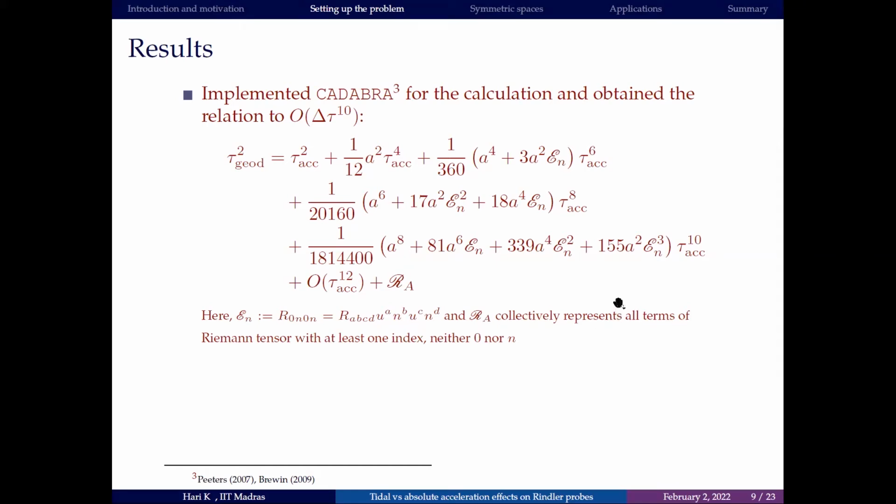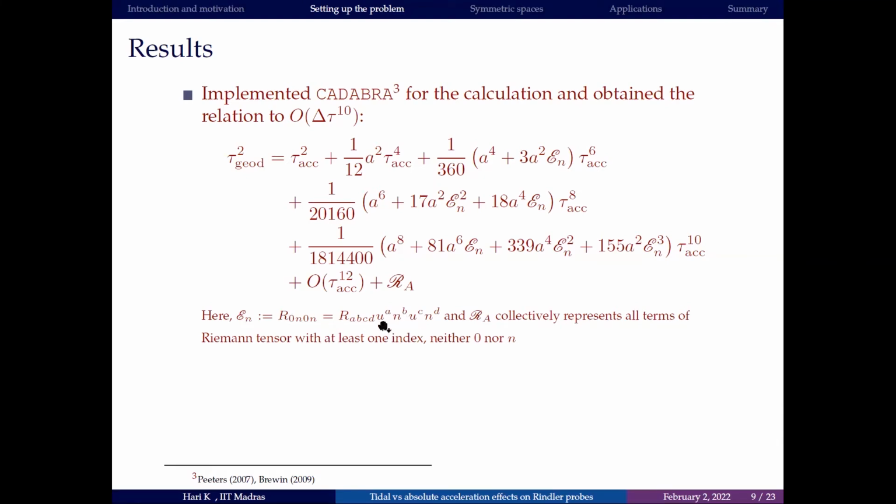Using that implementation, we have obtained an equation for a relation between tau geodesic and tau acceleration, the geodesic distance and the proper time of the accelerated trajectory. Notice that here script E_N is the tidal part of the Riemann tensor, where R_ABCD is contracted with U^A and N^B.